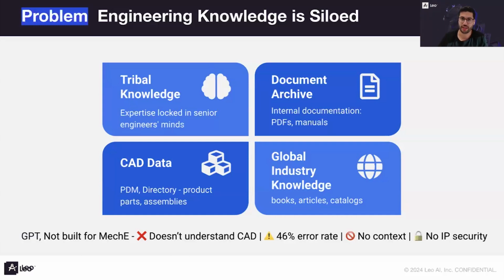ChatGPT, unfortunately, is not working well for us engineers. If you try ChatGPT, and correct me if I'm wrong here in the comments, it's something like 46% error rate. A lot of the time, when we ask ChatGPT to provide sources, it provides sources from Reddit, subreddits, Facebook posts.